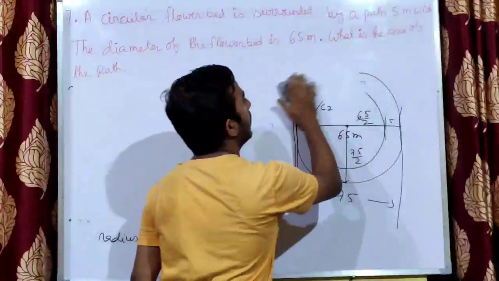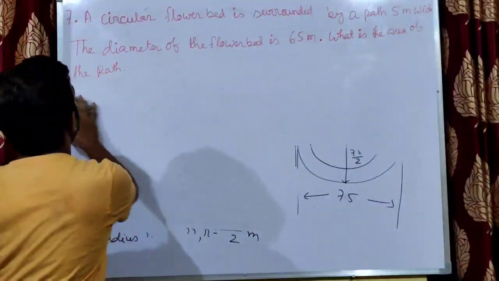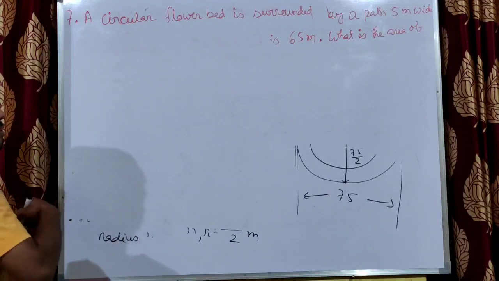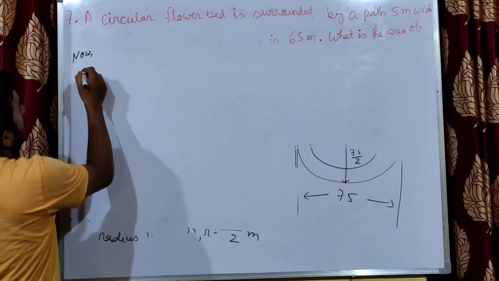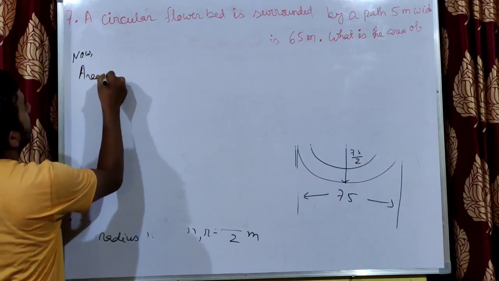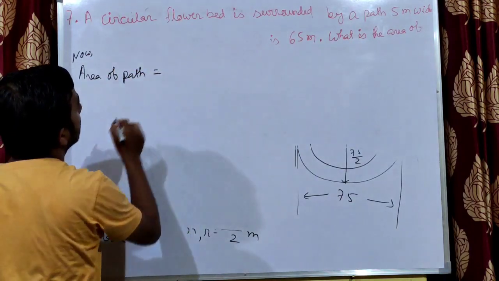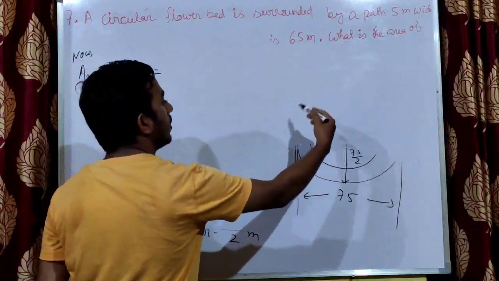Okay, let me erase this one. Now we have to find what? Area of the path, right? So right now, area of path. Area of path will be how much? Area of total circle will be what?